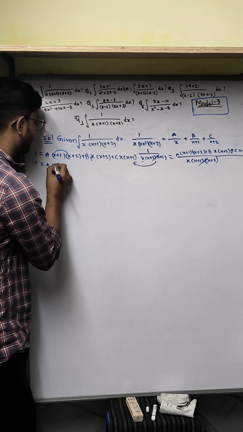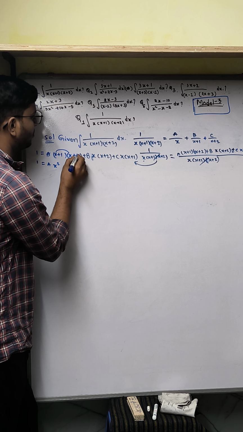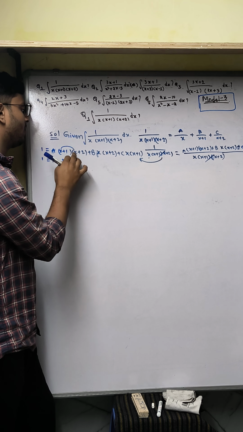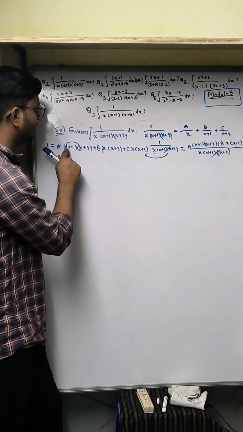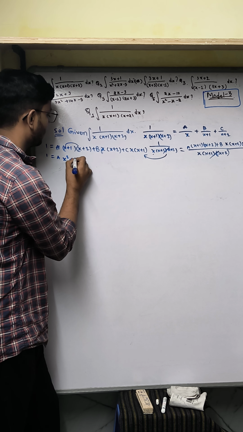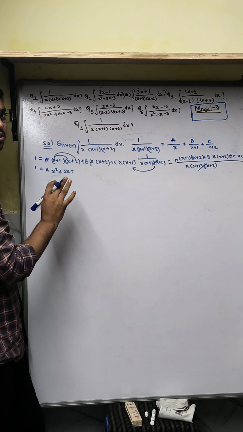Then x into x is x square. Then x into 2, 2x, we have to write plus. Why are we writing plus here? Because here also plus, here also plus.